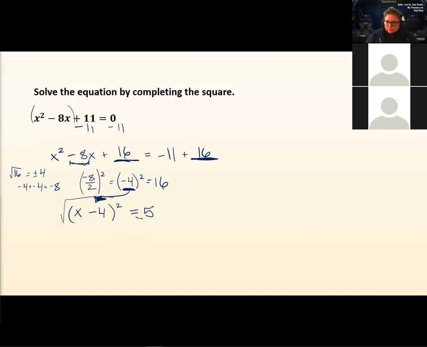Yep, you got it. So this becomes x minus 4 equals plus or minus the square root of 5. So what's our x equal? X equals 4 plus or minus square root of 5. Good job.